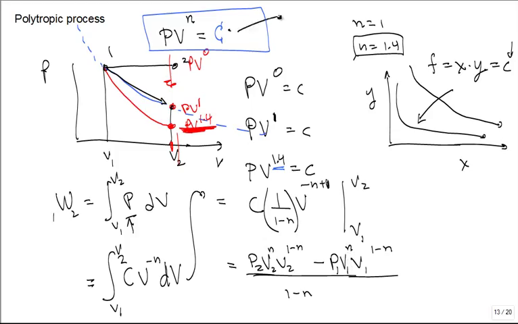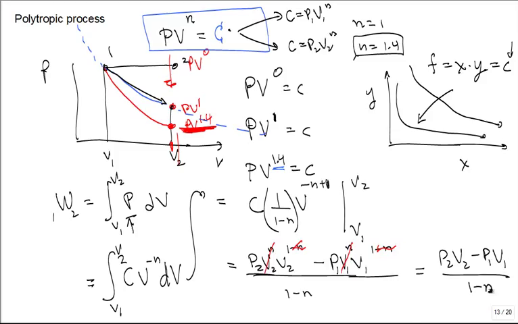All you did was take this equation and write it 2 times. Constant is equal to P1 V1 to the n, or constant is P2 V2 to the n. And so it was more convenient to use that form of C there and that form of C there. True? Follow? So what can I do with the V to the n times V to the minus n? Gone, right? So we calculate that the work is equal to P2 V2 minus P1 V1 divided by 1 minus n.